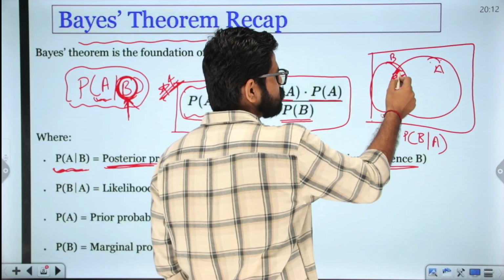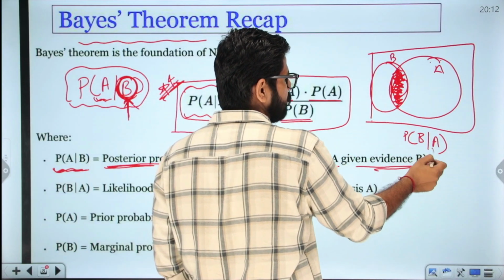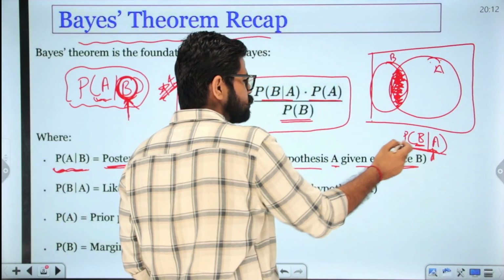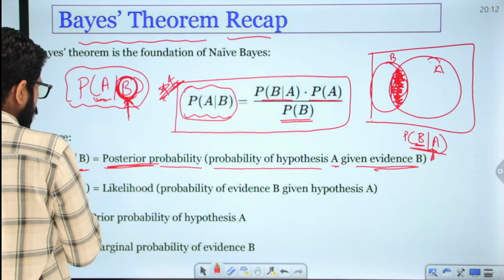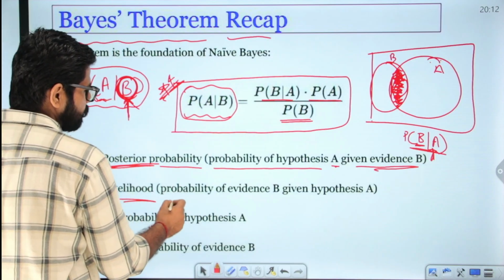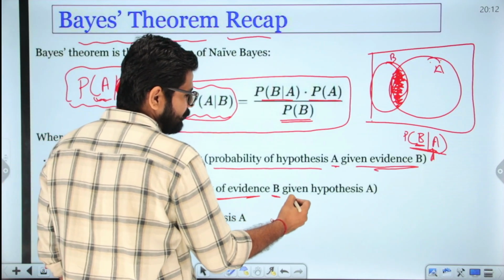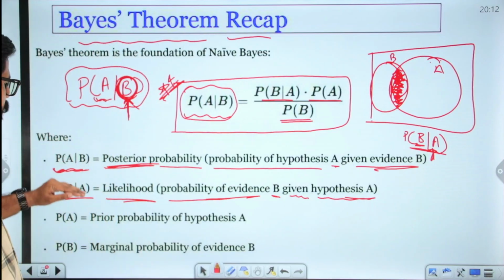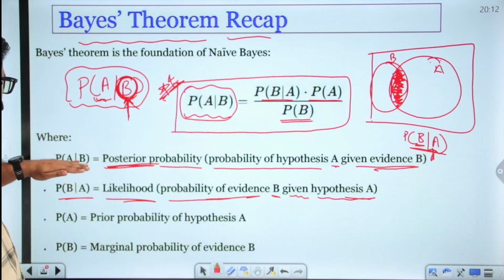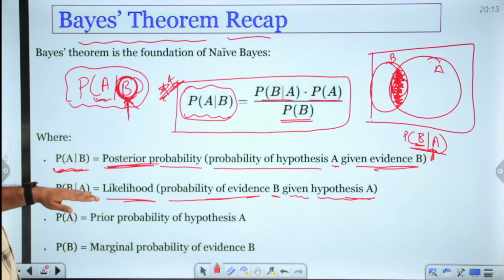What is the probability of B when A is already done? So this is known as P(B|A), which is the likelihood, or the probability of evidence B given hypothesis A. I think these two terminologies are easily clear, what P(A|B) is and what P(B|A) is.